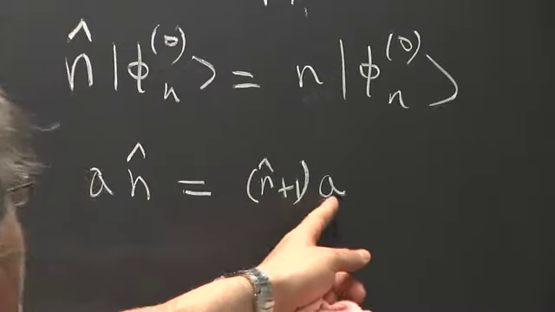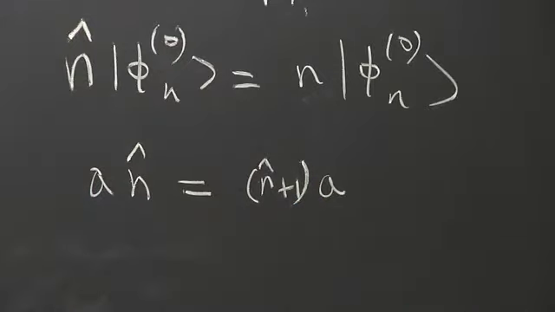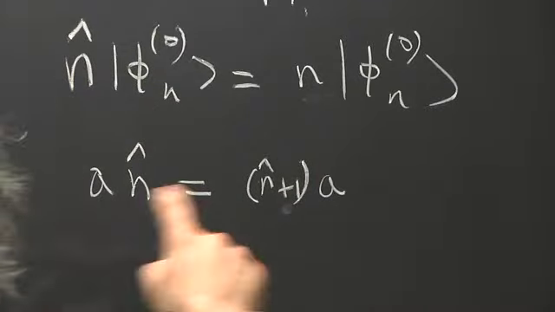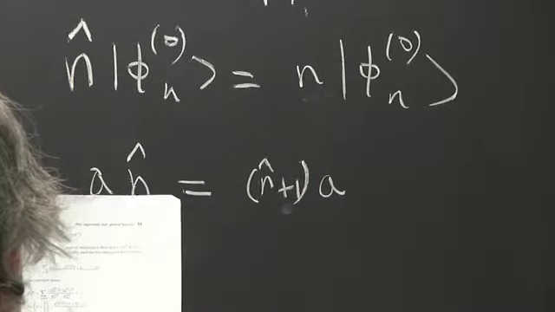Because after all, A already has killed 1 of the present, so this will give you 1 less. You can verify it with the commutation. It's very, very simple. If you are suspicious, just do it. You will see that there is an extra 1 coming from the commutator, and this is the result.